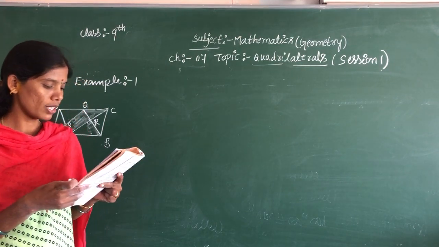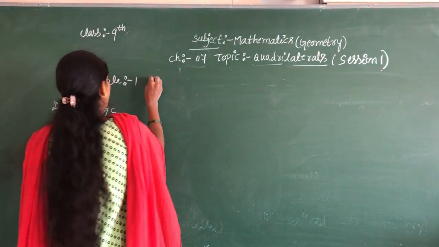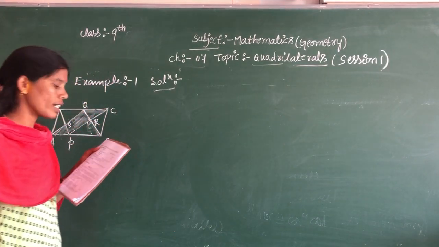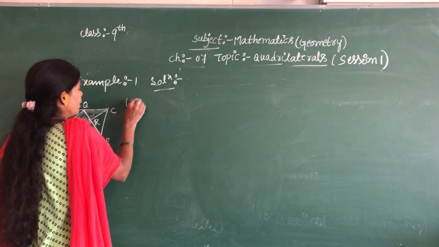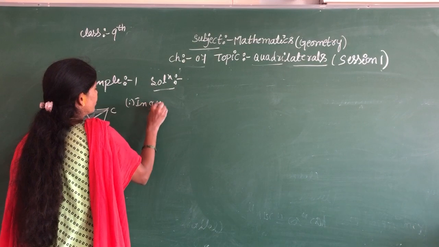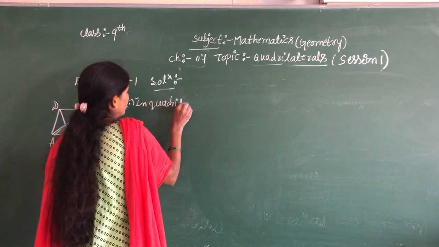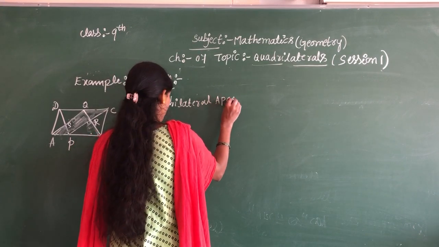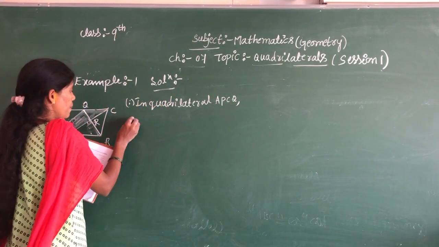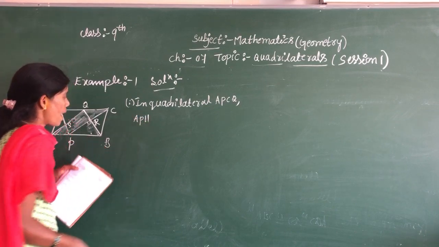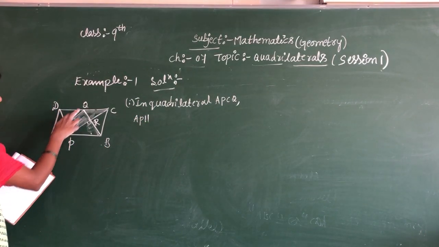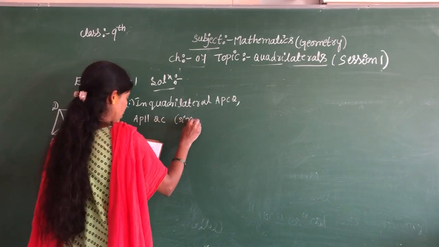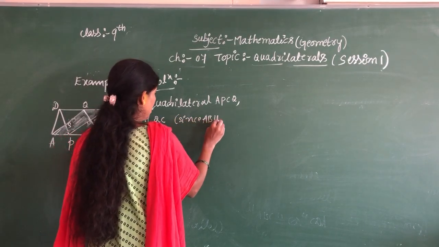So in the first one, solution 1. In quadrilateral APCQ, AP is parallel to QC, since AB is parallel to DC.